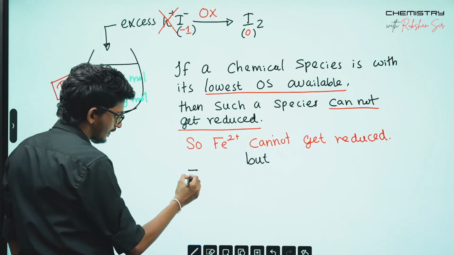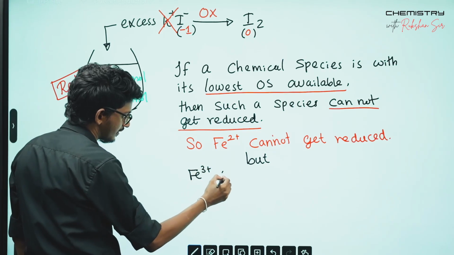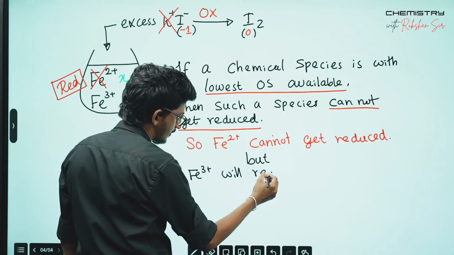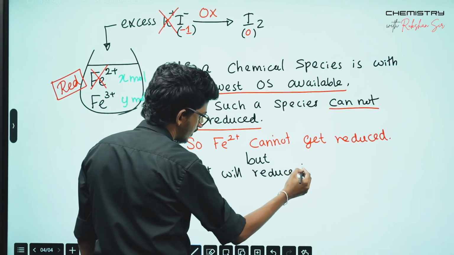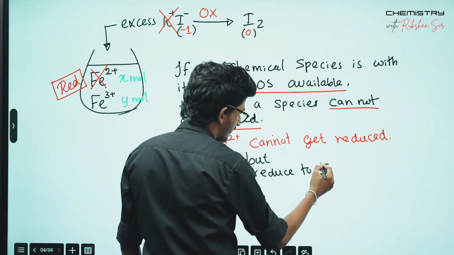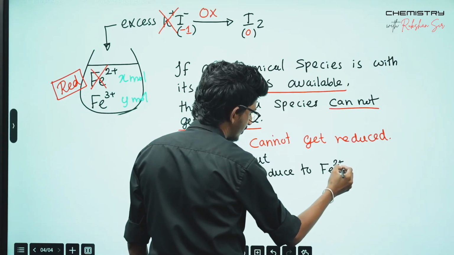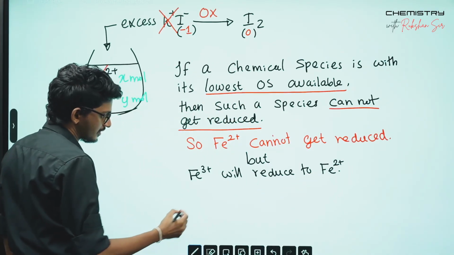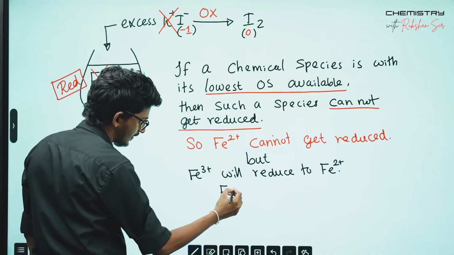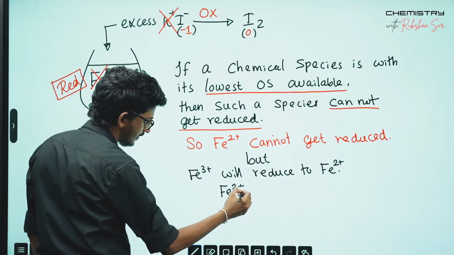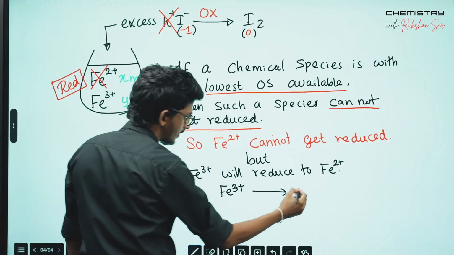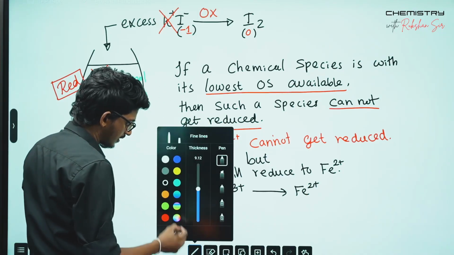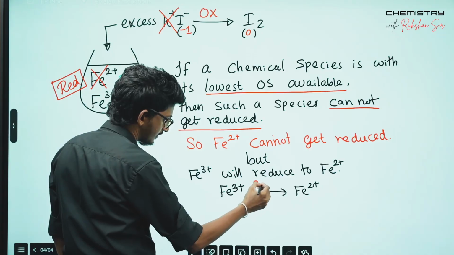But Fe3 plus will reduce to Fe2 plus. Some lower state is available, right? So this is the reaction. There Fe3 plus will reduce to Fe2 plus, right? It's a reduction.